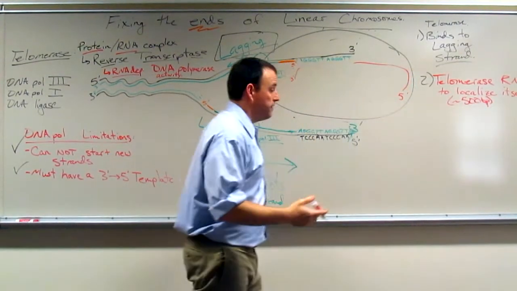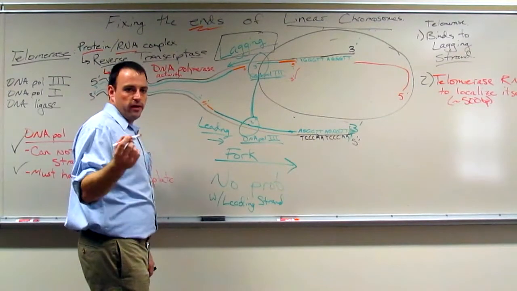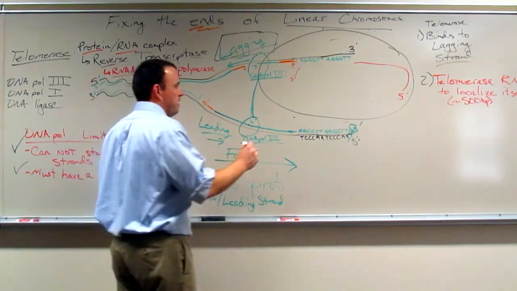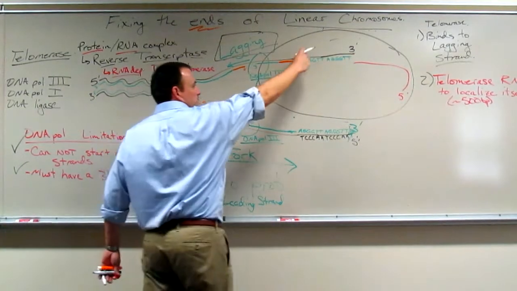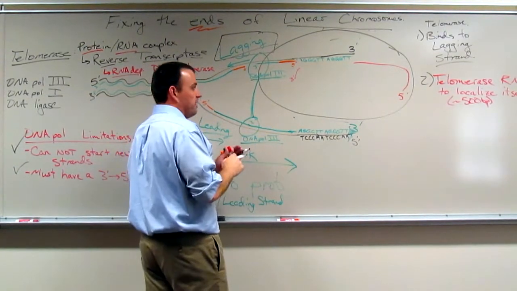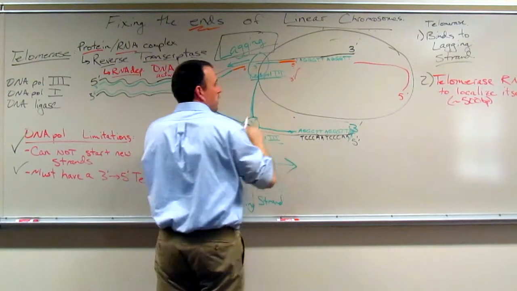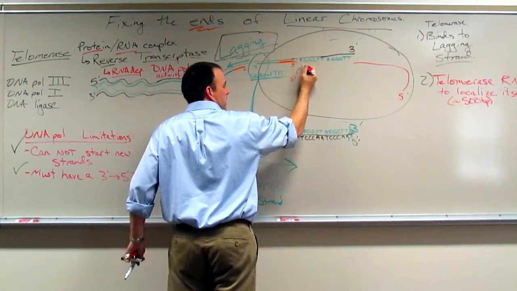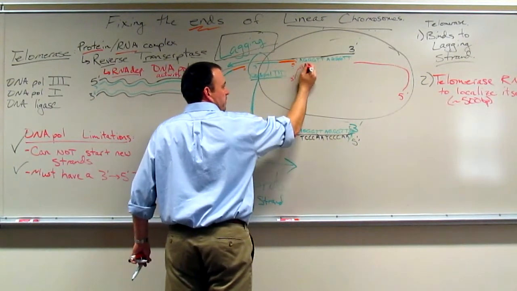Different sizes in different eukaryotes. What's important here? The telomerase RNA is complementary to the repeat units at the end of the linear chromosome. So these are telomerase repeats. And they didn't get here by accident. They got here through complementary base pairing.